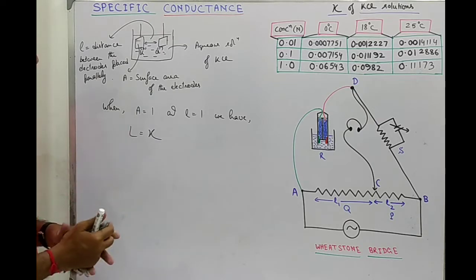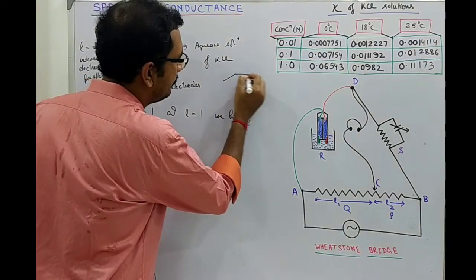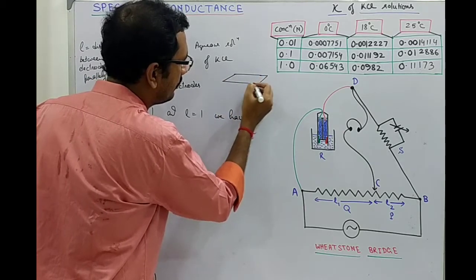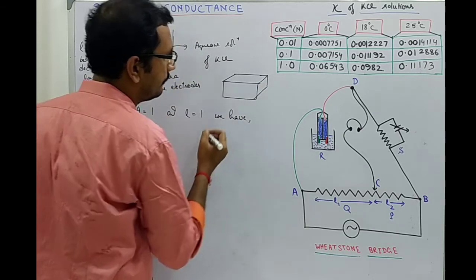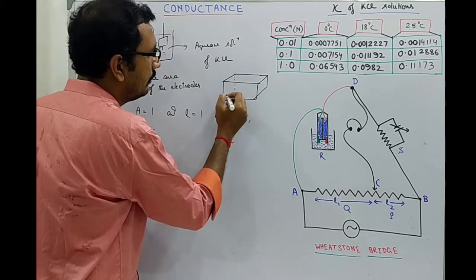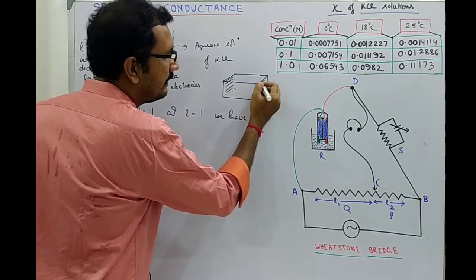So basically what we are doing is that we are considering a volume of solution. See, this is one electrode, and this is another electrode.